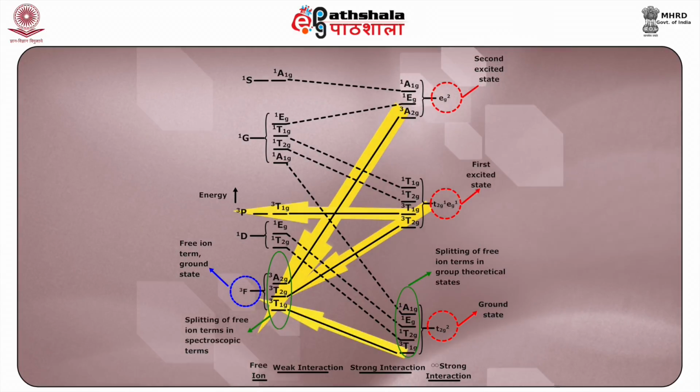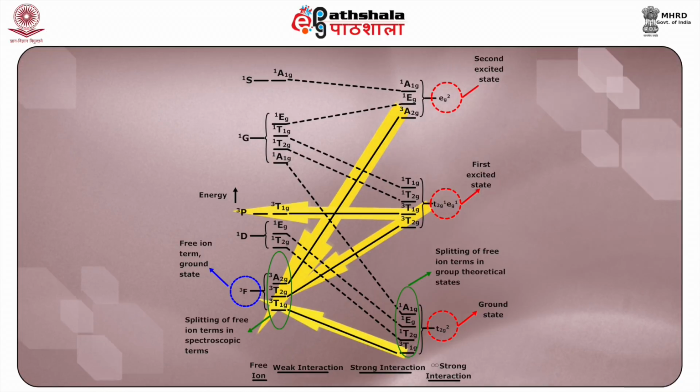To emphasize the fact that transitions to the excited states having the same spin multiplicity as the ground state are more feasible, the lines joining the ground state with excited states of the same spin multiplicity are shown with darker lines.